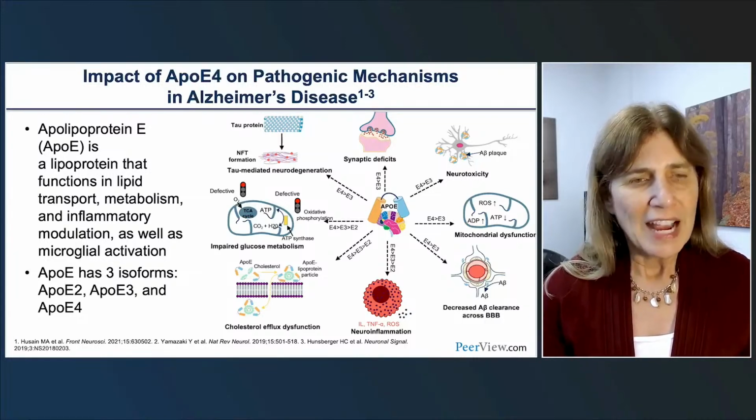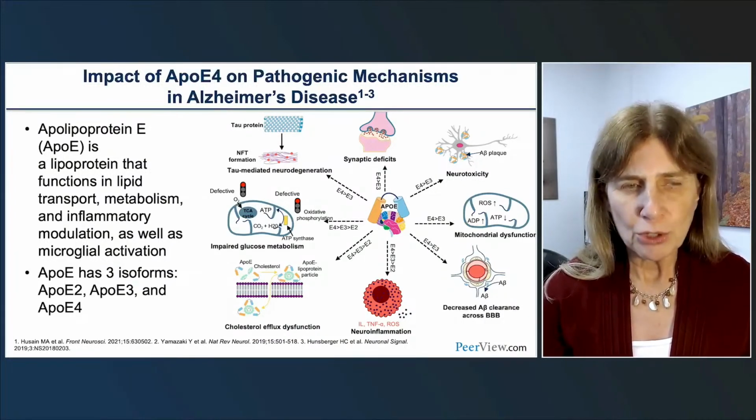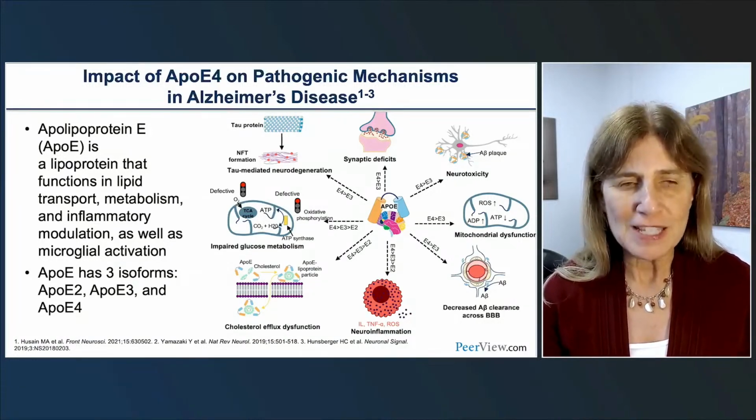Since we inherit an ApoE allele from each parent, we end up with 2 copies of ApoE, and there are 6 possible combinations.